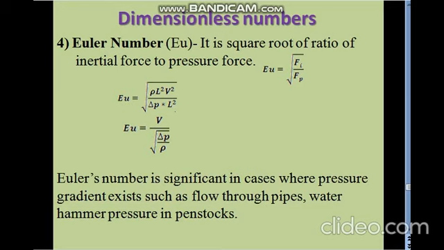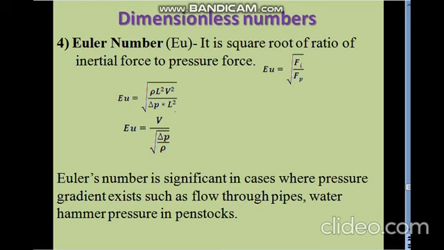Euler number is significant in phenomena where a pressure gradient exists, such as flow through pipes and water hammer pressure in the penstock. So in case of water hammer and flow through a pipe, this Euler number is important.